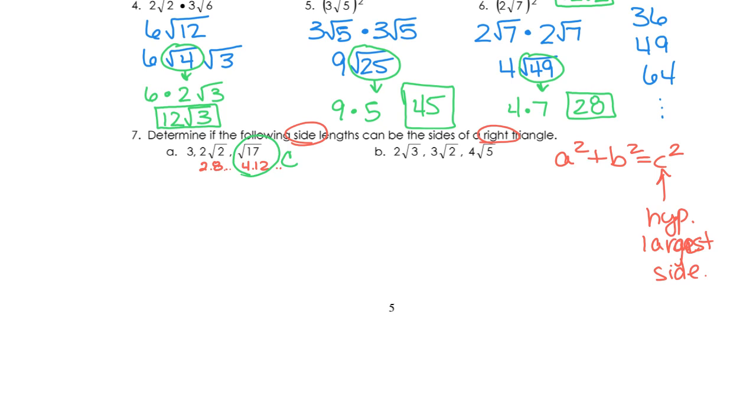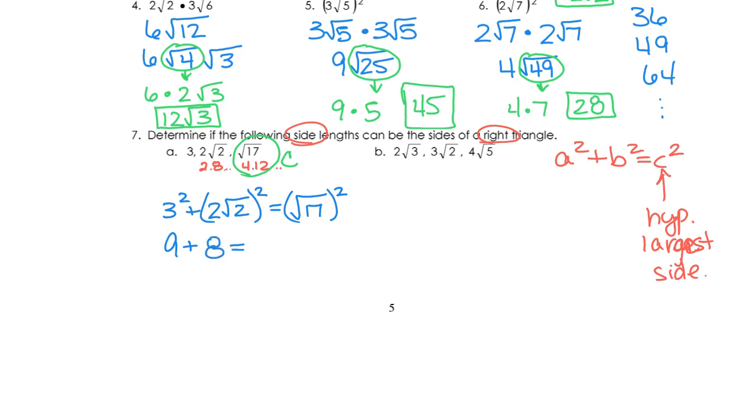All right, so we'll go ahead and plug in, and we're going to have 3 squared plus, now you got to be careful, 2 square root of 2 is the side, and you have to square the whole thing, equal to square root of 17 squared. Okay, 3 squared is 9, plus, if you go back to that decimal that you had in your calculator, and you grab it and you square it, that ends up being 8. Okay.